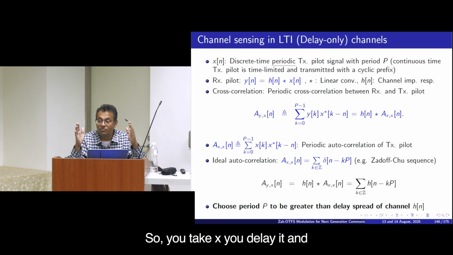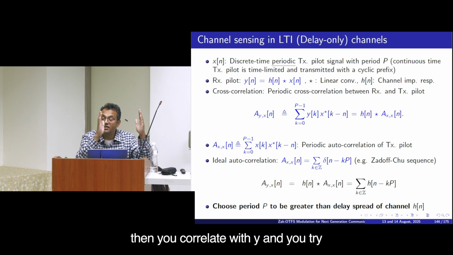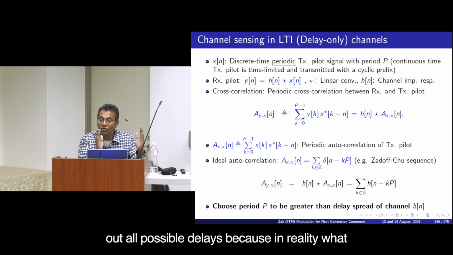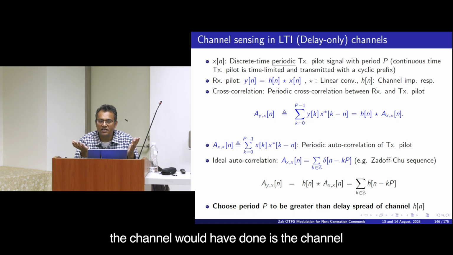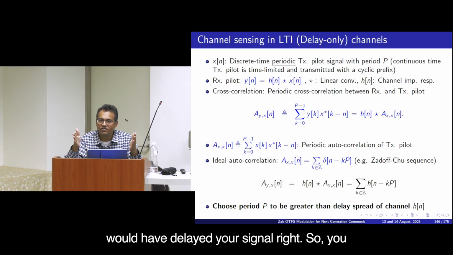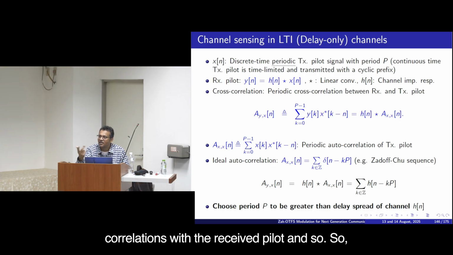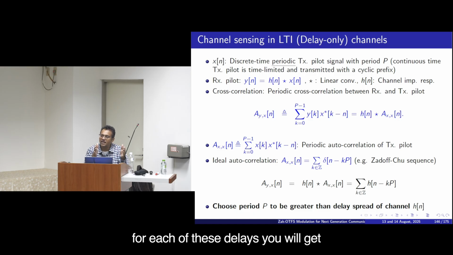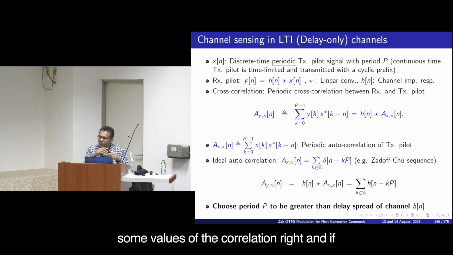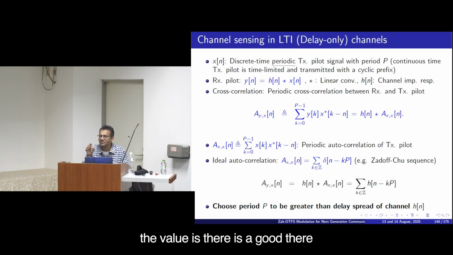So, you take x, you delay it, and then you correlate with y, and you try out all possible delays, because in reality the channel would have delayed your signal, right. So, you keep delaying your input pilot and you take correlations with the received pilot, and for each of these delays you will get some values of the correlation, right, and if the value is strong, it means that there was some reflector at that delay tap.